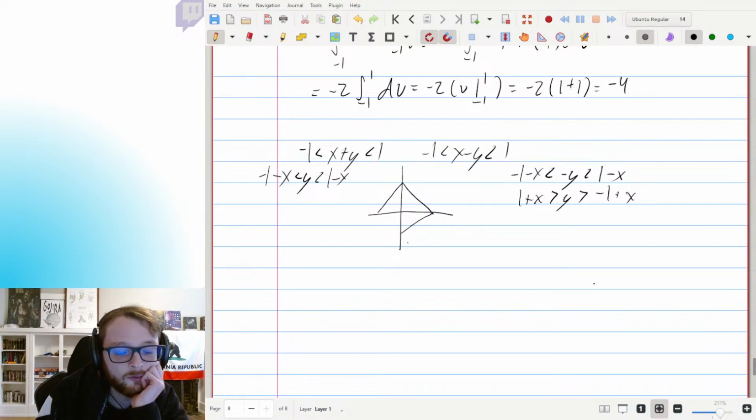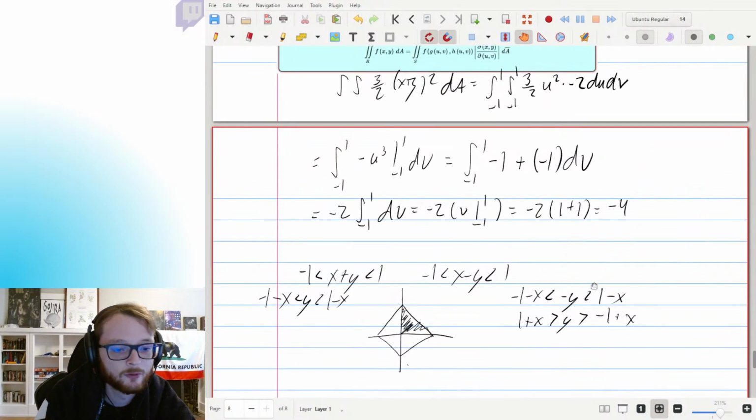Maybe I did one of these wrong. Because -1 plus x is this. 1 minus x is this. Okay. Yeah, so it is just that rotated square. So even with both x and y, as Fenlock said, you could just integrate in quadrant 1 and avoid all this absolute value business.